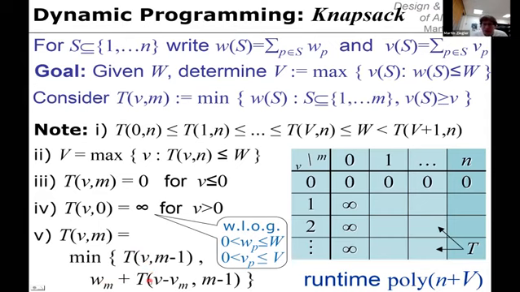And this is possible in time polynomial in n, because this is just performing arithmetic and comparisons among integers whose total length is still bounded by n.